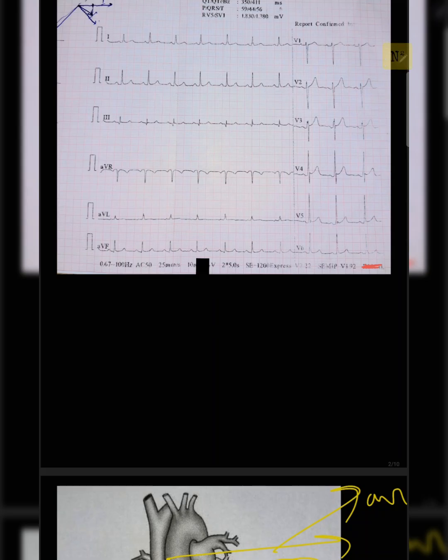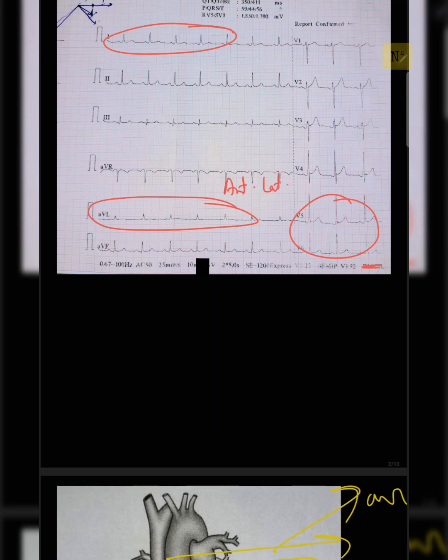So if there is an abnormality in lead 1 and the 5 and 6 chest leads, as well as the left lead, you will suspect an anterolateral wall abnormality.